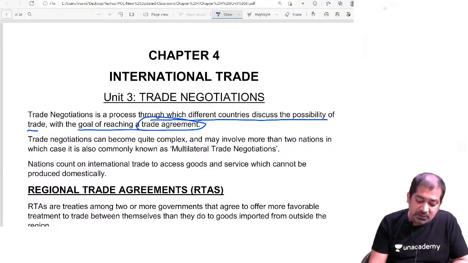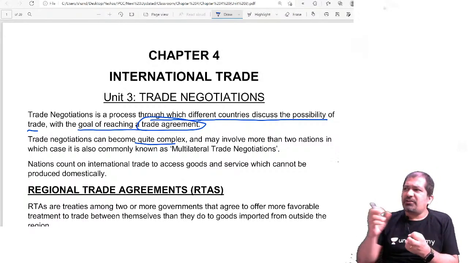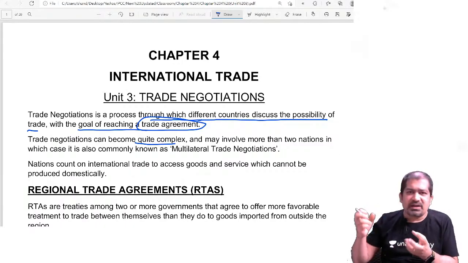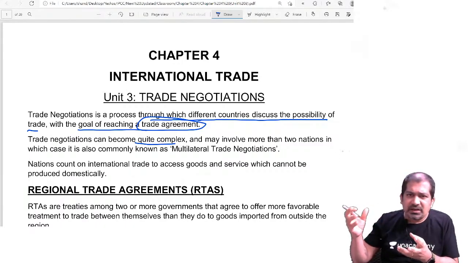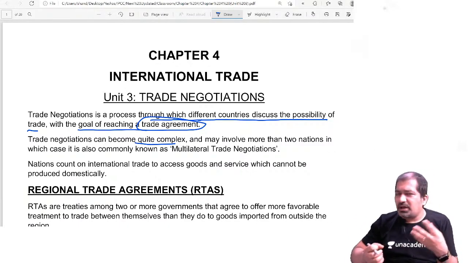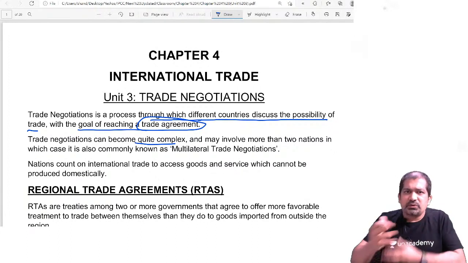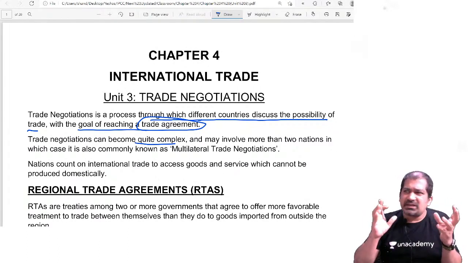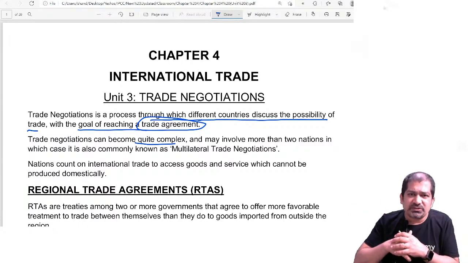Trade negotiation can be quite complex. Why could a trade agreement be complex? Because different countries have different economic laws, different currencies, and people have different income levels. One could be a developed country, another a developing country, one could be a mixed economy, another a capitalist economy. Because the economic environment in two countries is not always the same, it is a Herculean task for them to come to a common agreement.